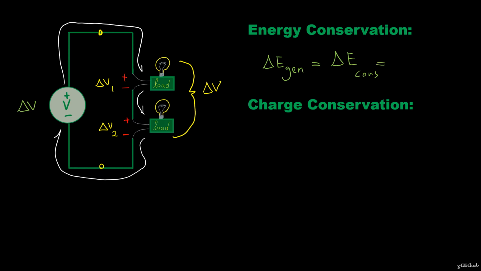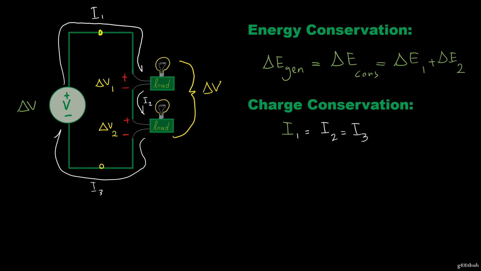And if I have multiple loads consuming, then the accumulated value of the consumed energy must equal the generated one. And I also know that my current must be the same everywhere. So if I name this I1, I2, and I3, my I1 must equal I2 must equal I3.